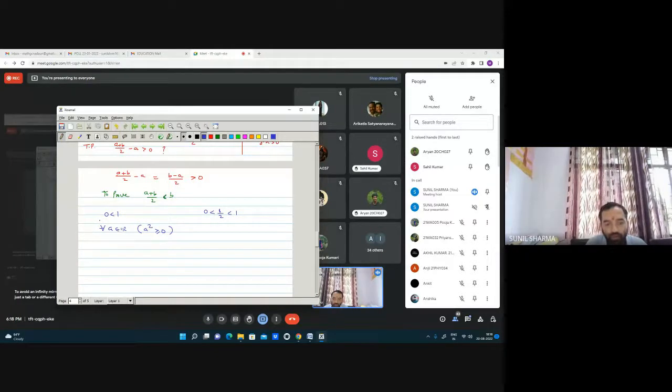So we claim that given any A in R, A square is greater than or equal to 0. Now we have to prove that 0 less than 1. Can you use this condition to prove that 0 is less than 1?